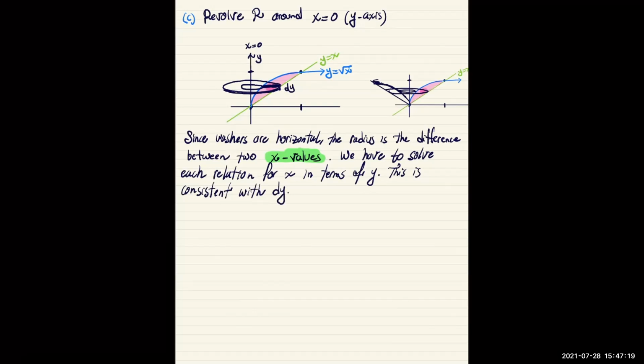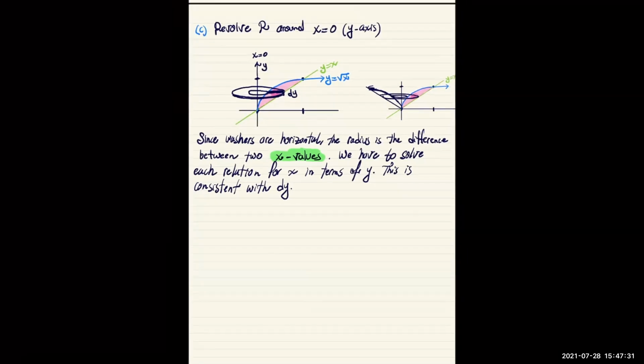You want to express your integral in terms of y. Why is that? Because thickness is dy. We're going to be doing an integral with respect to y. Okay, so we have our bounds. This is y equal to x, or x equal to y. This is already solved for you. If y is equal to x, then x is equal to y.